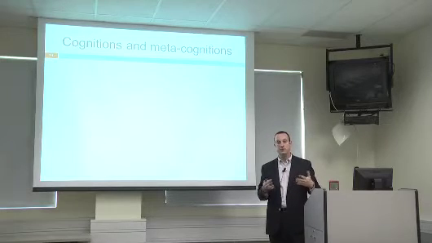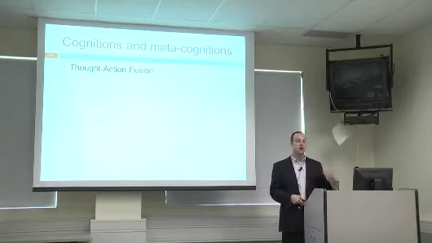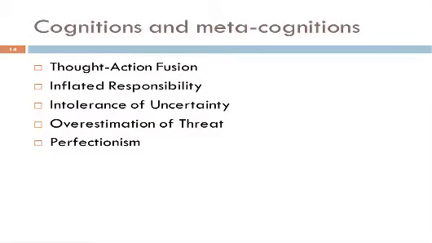So there are several kinds of cognitions, thoughts and cognitive styles and metacognitions that perpetuate the cycle, in that they contribute to the kinds of maladaptive interpretations I make in response to the original thought. Thought-action fusion refers to the tendency that people have to varying degrees to think about thoughts as being more equivalent to actions. So there's one type of thought-action fusion that's moral thought-action fusion.